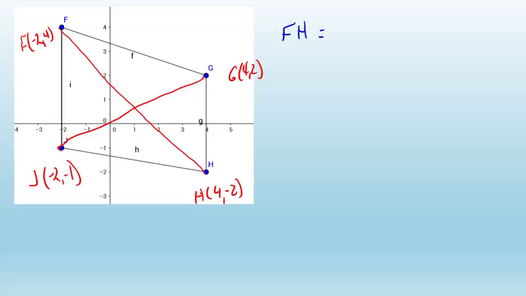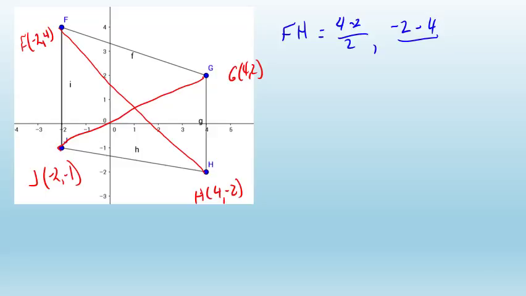So we got x2 plus x1 over 2. So we got 4 plus -2 over 2, comma. And our y coordinates would be -2 plus 4 over 2.